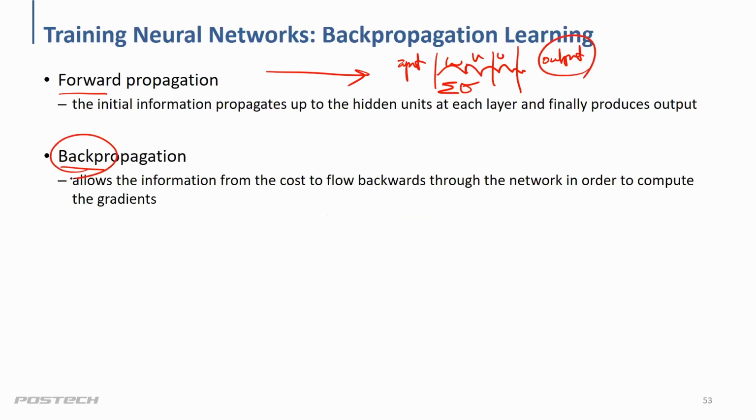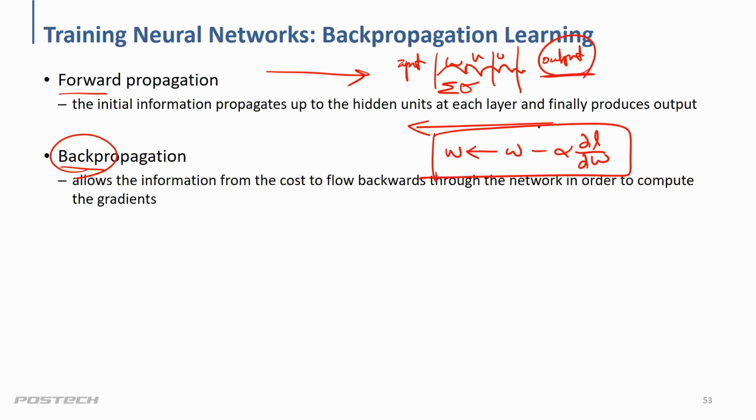And backward, the back propagation is that, given outputs, we decide in that way. So that's looking at the directions of the computations.